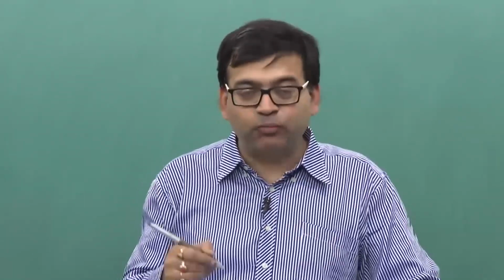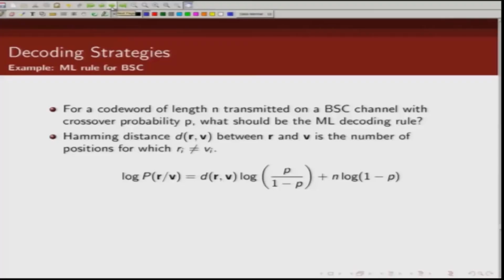As we just saw in the previous slide, for a maximum likelihood decoder we have to maximize the probability of R given V, which is equivalent to maximizing the log of the probability of R given V. Before I calculate the probability of R given V, let me introduce another term called Hamming distance.